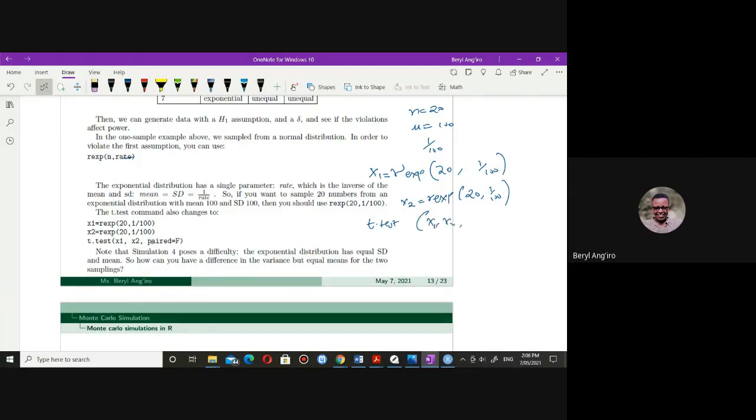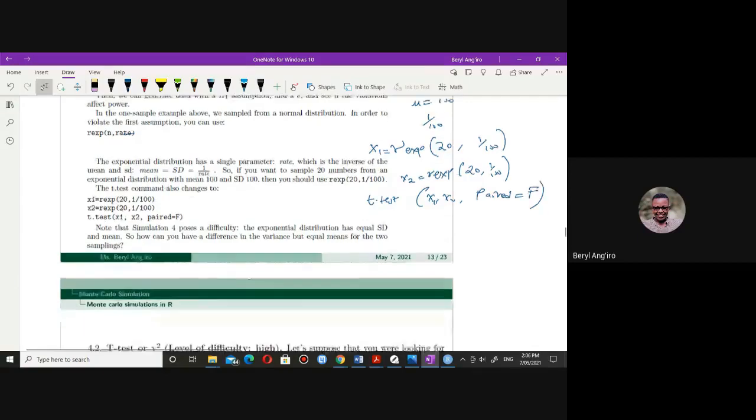We are not performing the paired t-test, we are performing the two sample t-test. Note that simulation 4 poses a difficulty. The exponential distribution has equal standard deviation and mean. So how can you have a difference in the variance but equal means for the two samples?